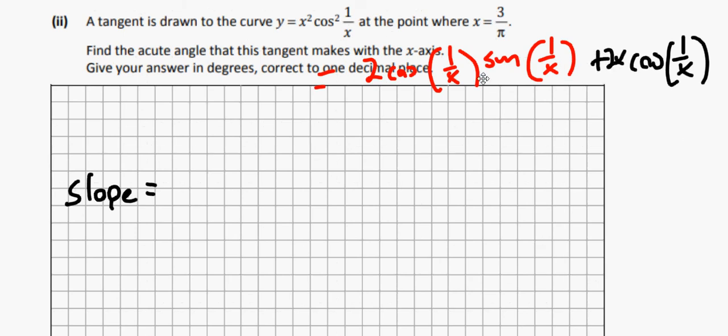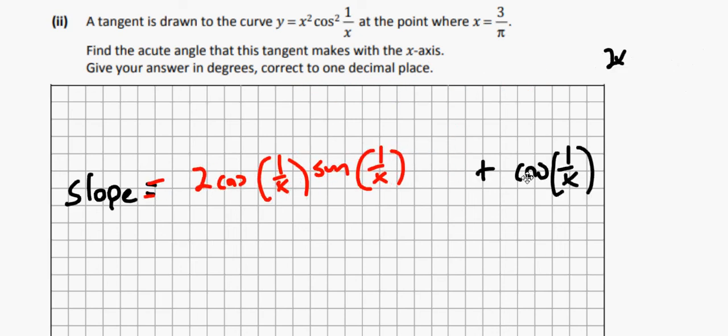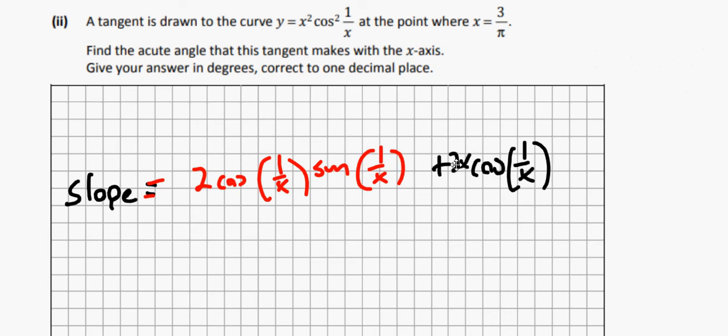Doesn't seem to want me to bring down the full thing. And that's cos squared as well. I forgot all about that. That's still cos squared from earlier.